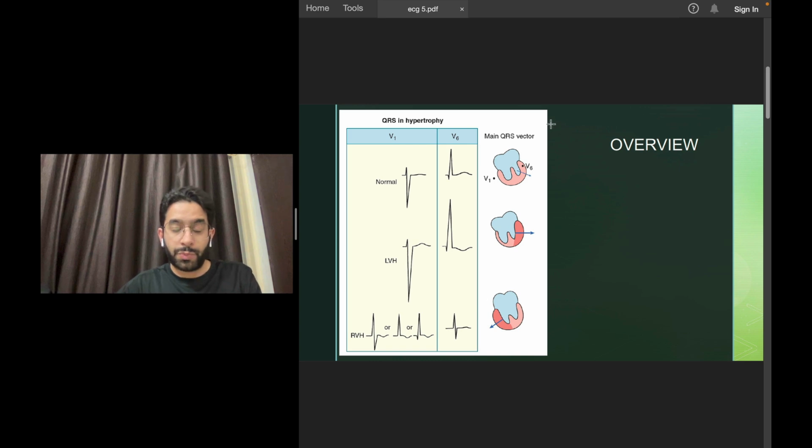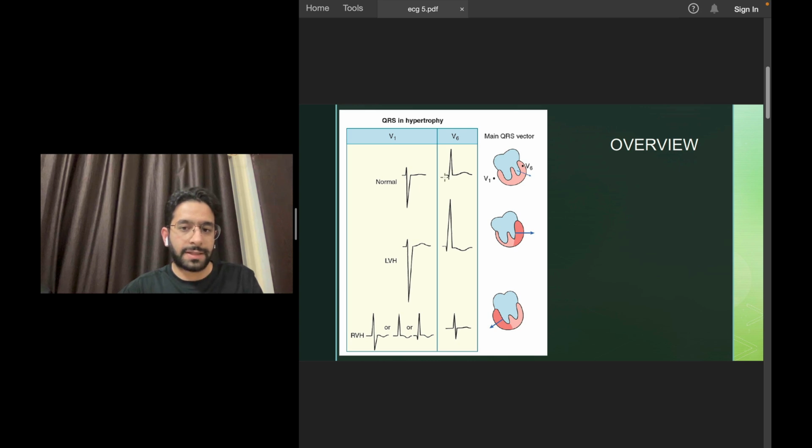As you probably remember from the previous video lectures, this is how normal ventricular depolarization occurs. In the start, we have depolarization of the interventricular septum, and the septum depolarizes from its left side to its right side, which is the reason why the right precordial lead, V1, records a small positive deflection, an R wave.